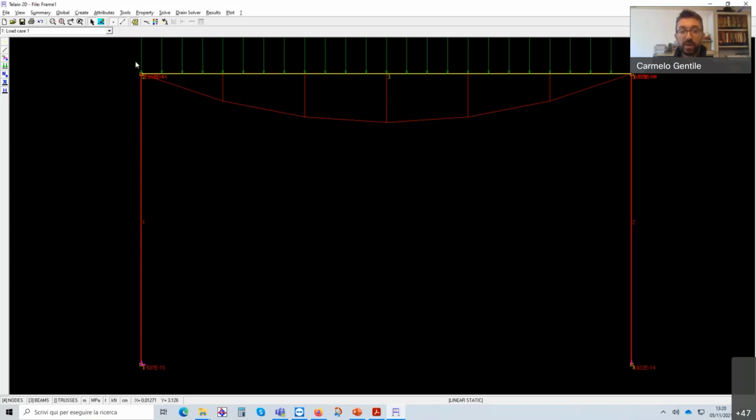So if we cut the structure here and we make the equilibrium of rotation with respect to this point, we find that the bending moment in this node has to be equal to 0. It cannot be any else. Same for the other part.